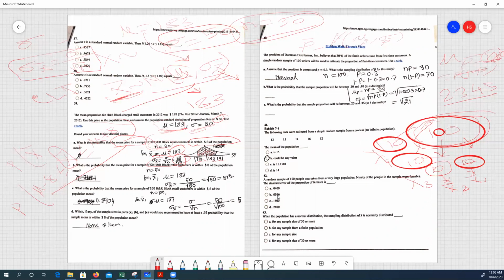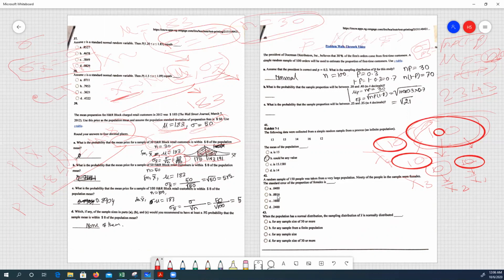And sigma p bar is equal to the square root of n times p times 1 minus p. The variance is n times p times 1 minus p, and the square root of the variance is the standard deviation, which is sigma p bar.